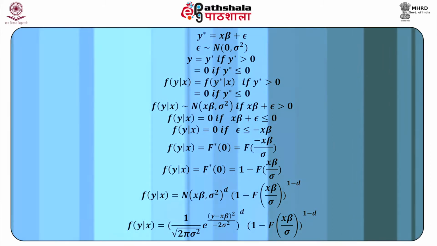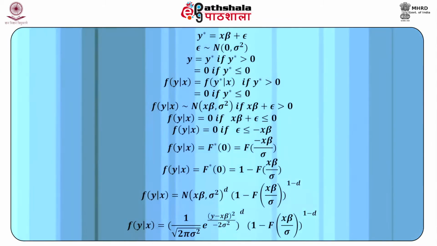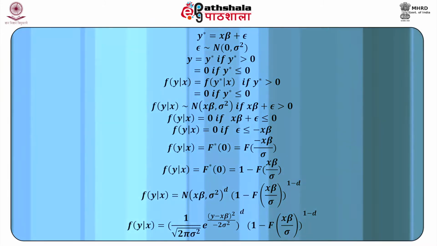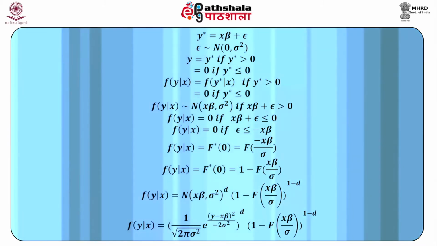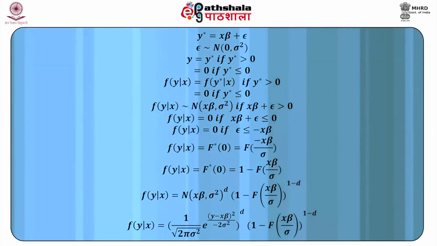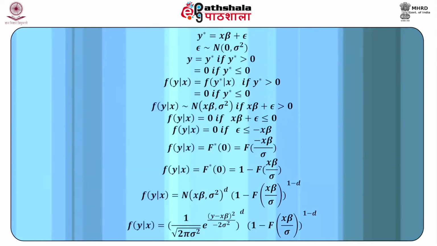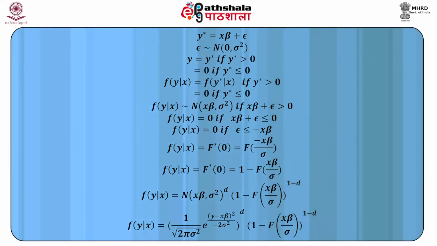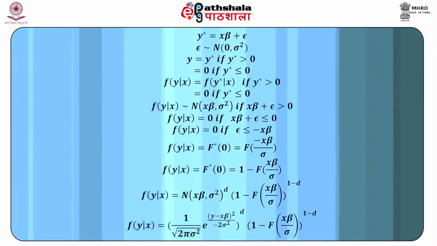Therefore, the density function f of y given x is now equal to f of y star given x if y star is greater than 0 and is 0 if y star is less than or equal to 0. Now this density function f of y given x is distributed normally with x beta and variance sigma square if x beta plus epsilon is greater than 0, and this density function will be equal to 0 if x beta plus epsilon is less than or equal to 0.